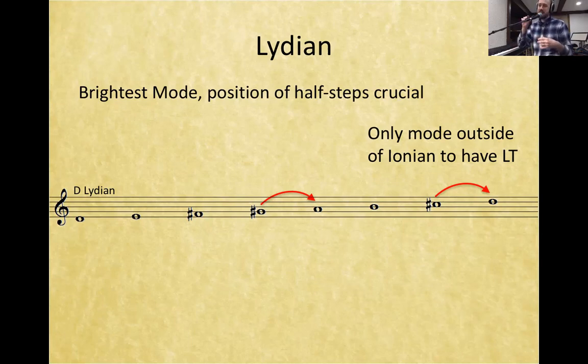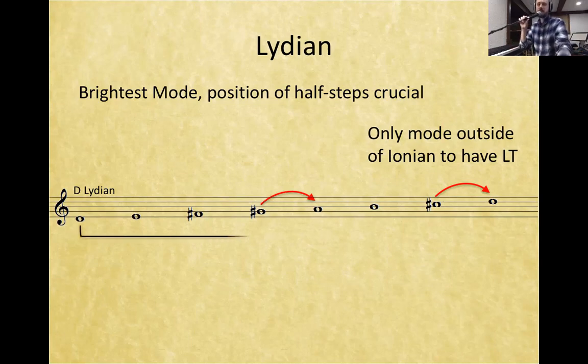And that's part of what gives Lydian its brightness: we've got that leading tone up top, really securely placing us at tonic, with the added brightness of Fi, Sol, right?